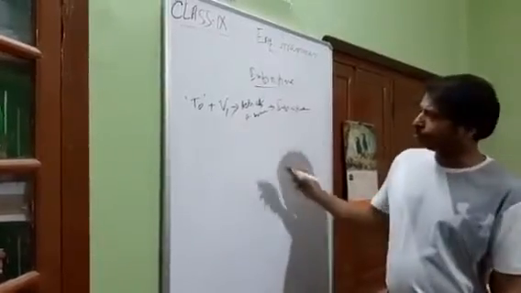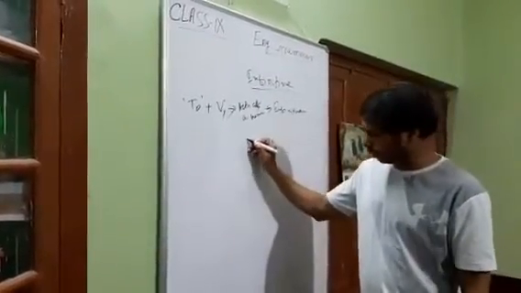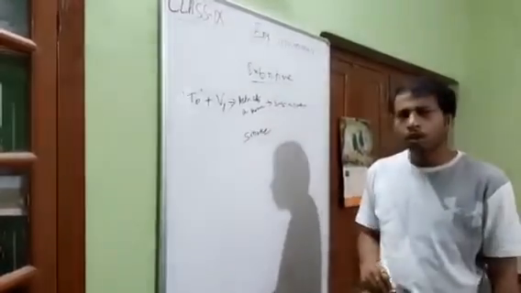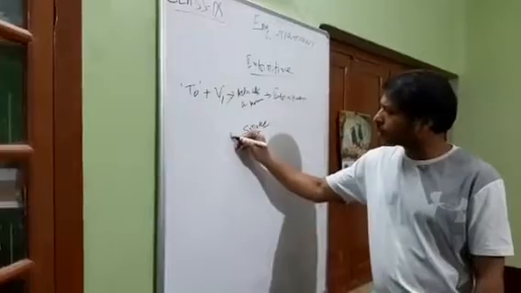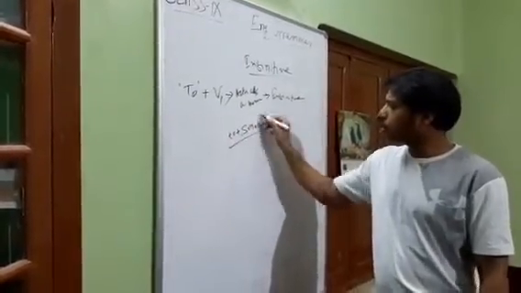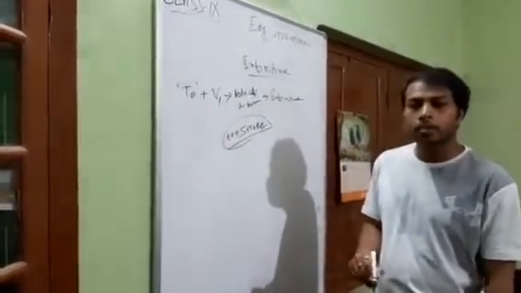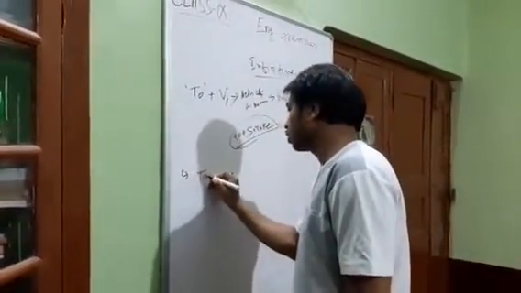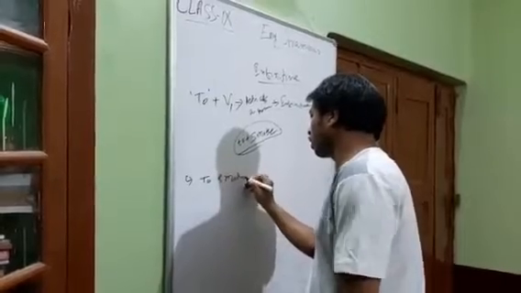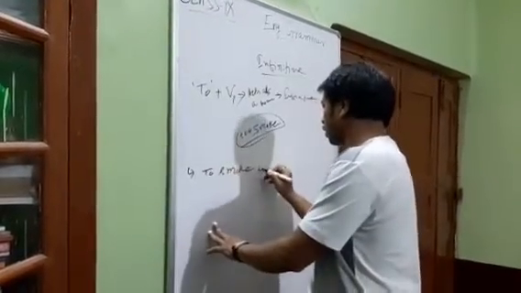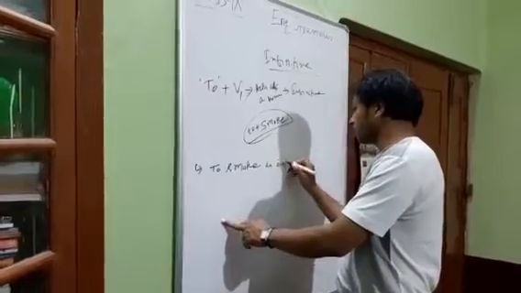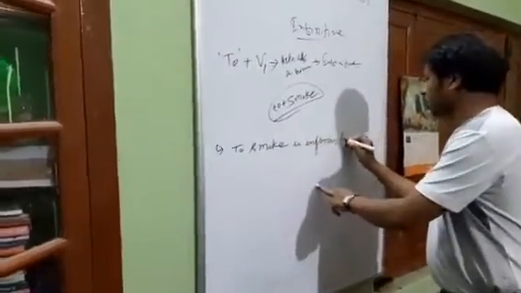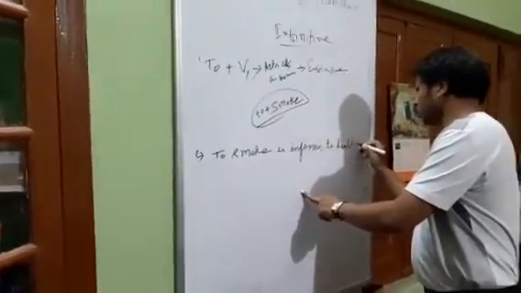Let's see an example. The same example I will give you. Smoke. If I add to before it, to plus smoke, this becomes infinitive. Let's see how. To smoke is injurious to health.